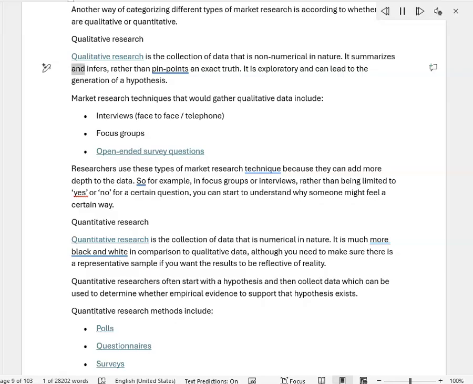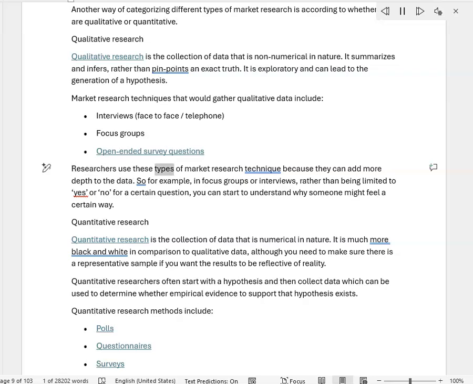It summarizes and infers, rather than pinpoints an exact truth. It is exploratory and can lead to the generation of a hypothesis. Market research techniques that would gather qualitative data include interviews, face-to-face/telephone, focus groups, open-ended survey questions.